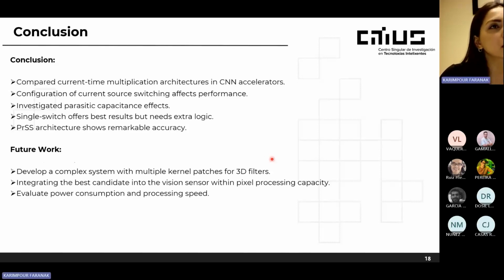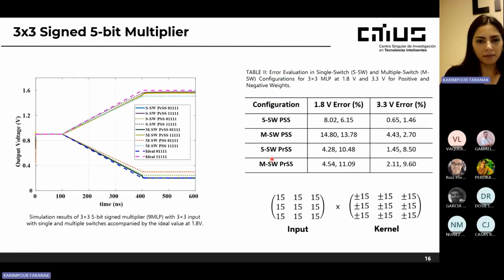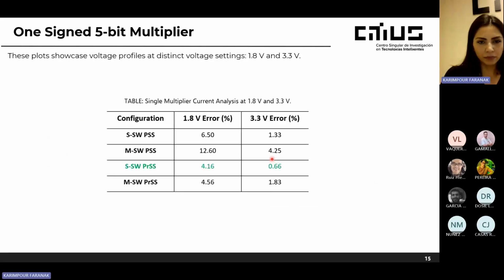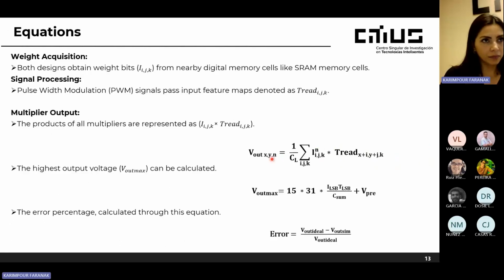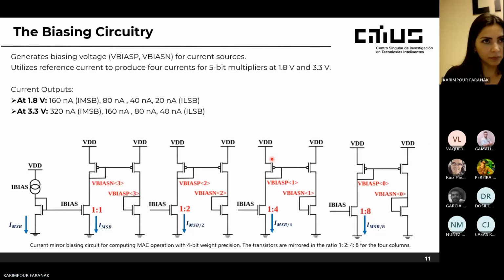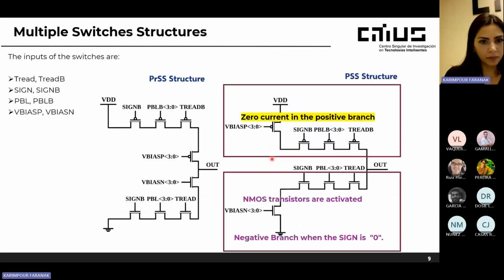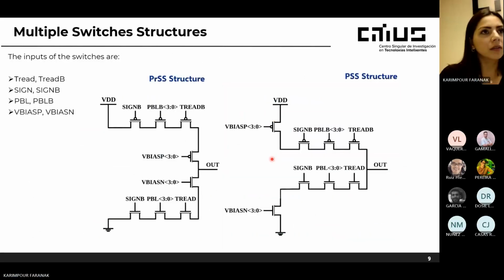I've seen that the option with the switch next to the power supply is more accurate than the option with the switch further away from the power supply. Is there any reason for that?